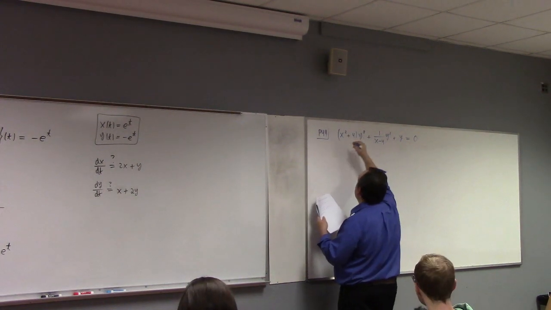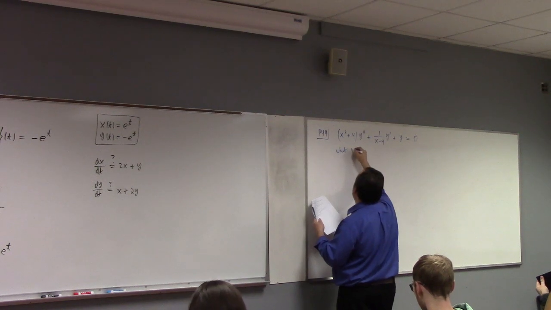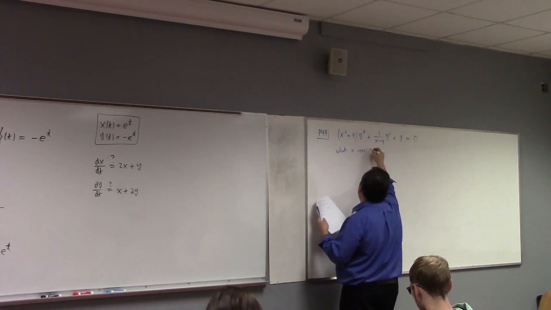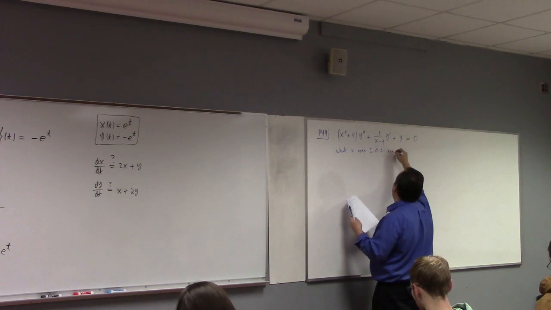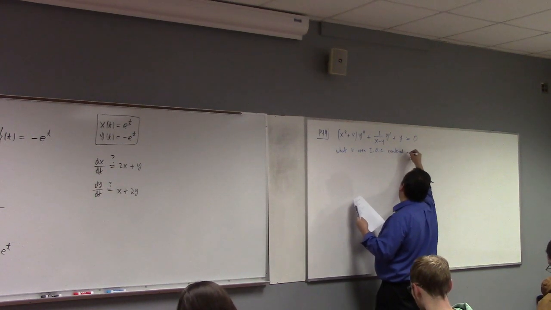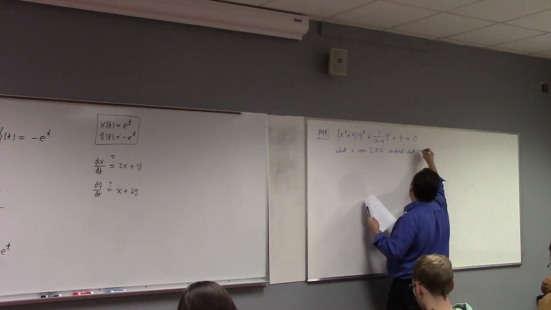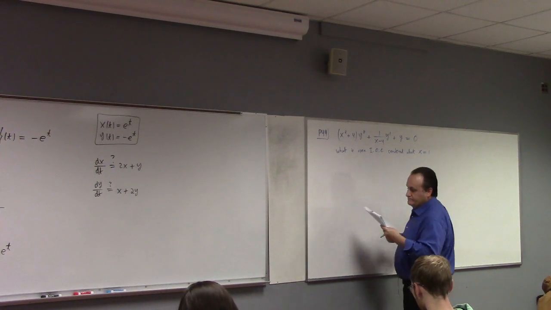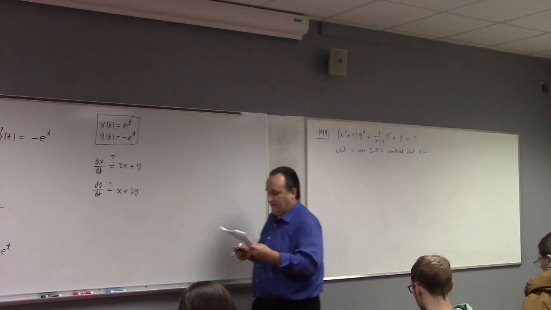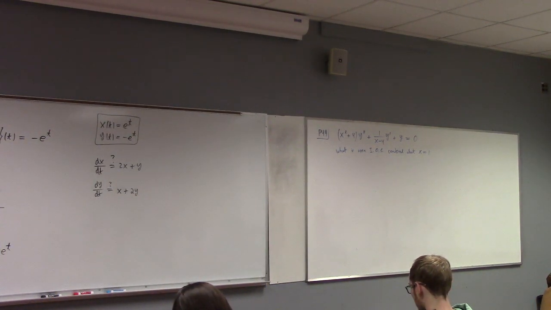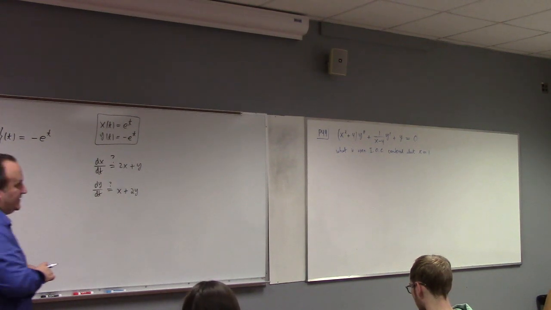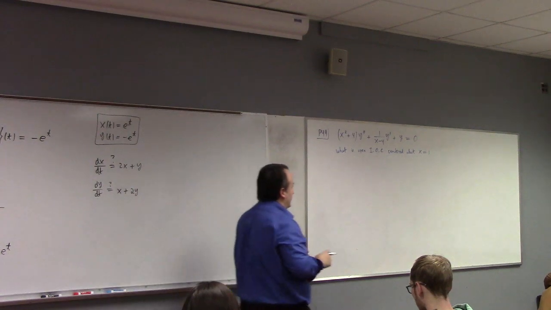You're supposed to find the open interval of convergence centered about x equals 1, and then find the solution to quadratic order at that point. So the first question really is just to locate the singularities of this differential equation.